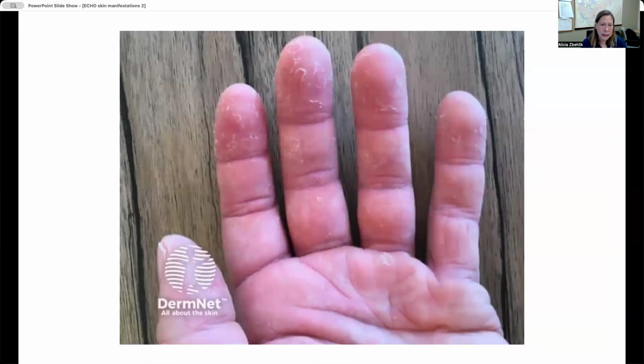And then this one is people will come in with peeling hands that are very frustrating. They've used all the creams, nothing is changing it. They may or may not have had a cough associated with this. Sometimes peeling around the nails as well. And this is a finding in a version of usually polymyositis, and we call it an anti-synthetase syndrome.